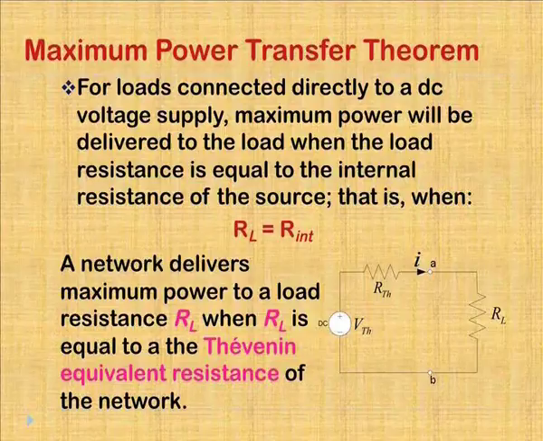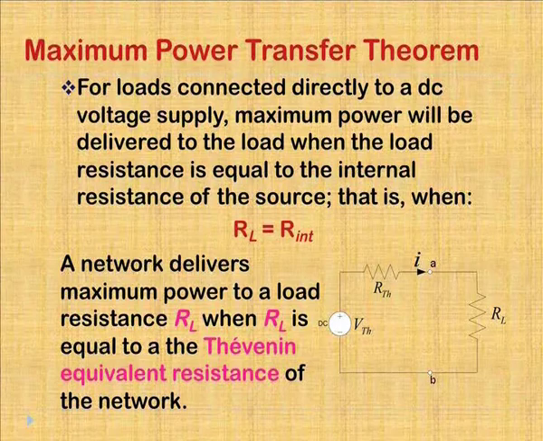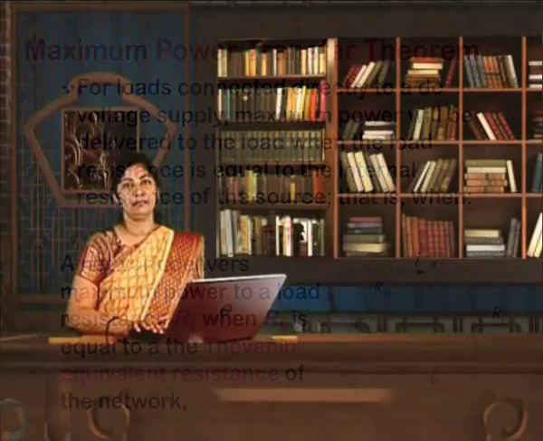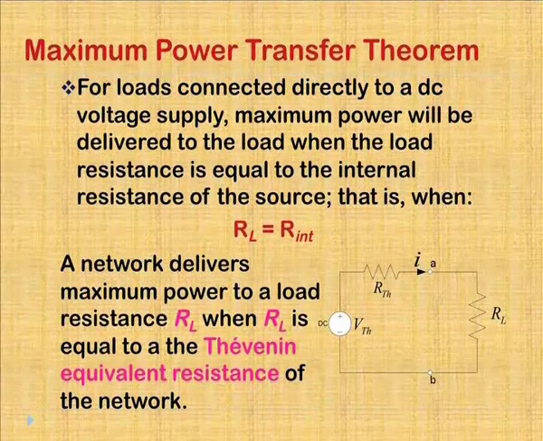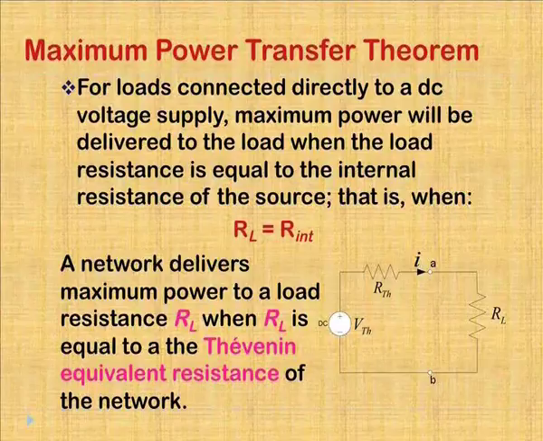And we know we can convert any network into its Thevenin equivalent network. So, if we convert the network into the Thevenin equivalent circuit, then the internal resistance will become RTh. Thus, we get the maximum power for load when it is equal to the Thevenin resistance, that is RTh.